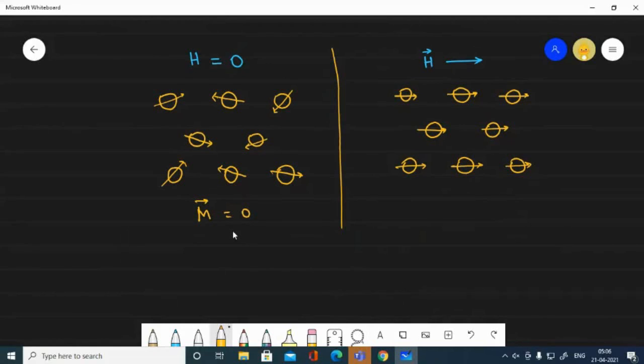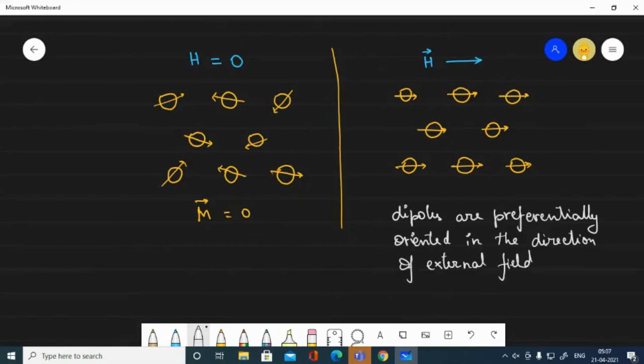In the absence of external field, the orientation of the magnetic moments is random and hence the net magnetization is zero. Whereas when an external field is applied, the dipoles are preferentially oriented in the field direction.